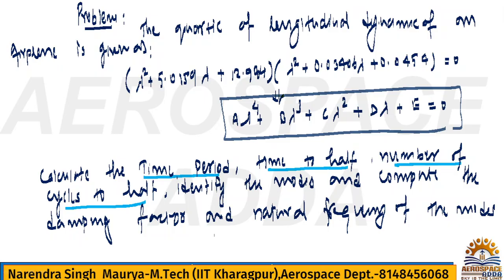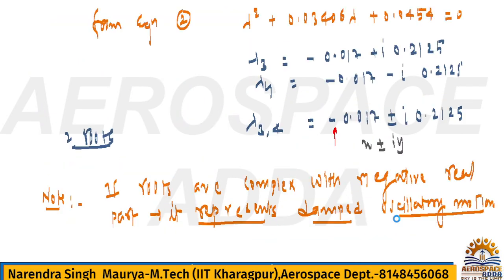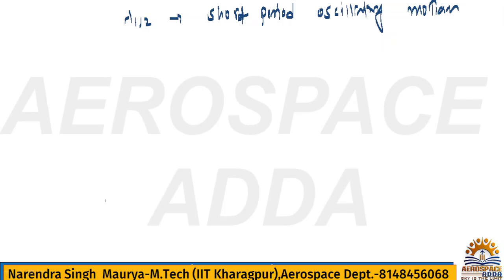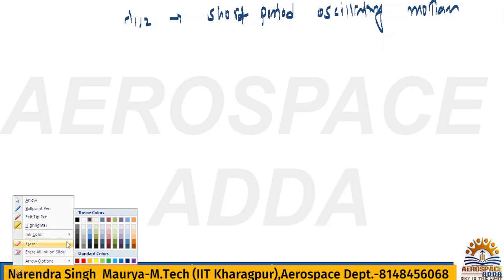Now we are going to compute the damping factor, or damping ratio as it is sometimes called, and the natural frequency of the modes. Both we are going to find out. First we are going to take short period oscillation, lambda 1,2.